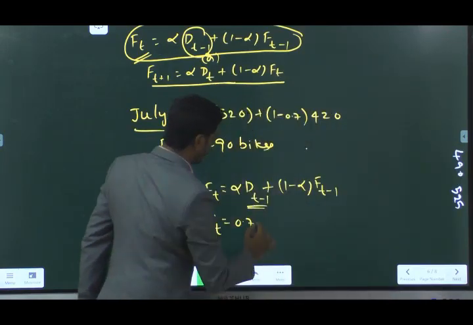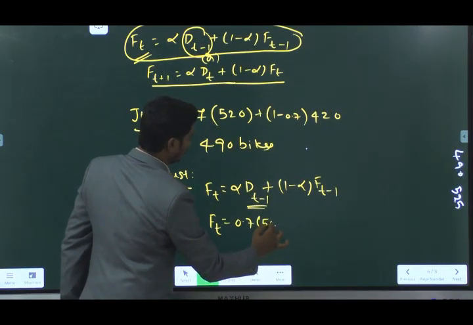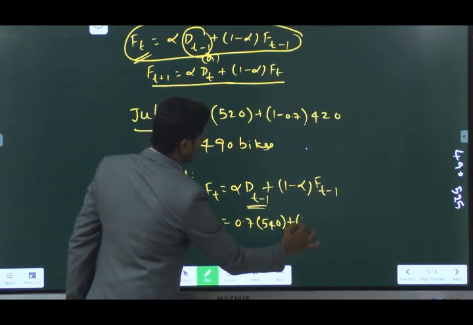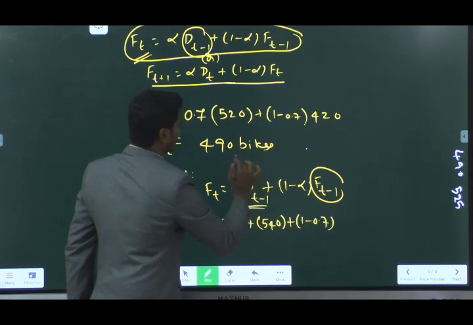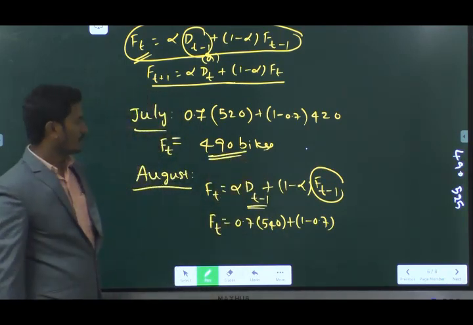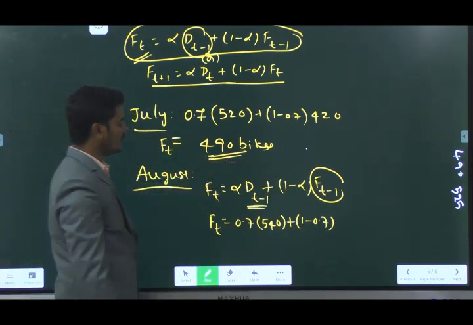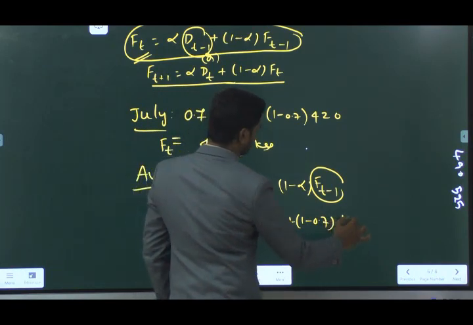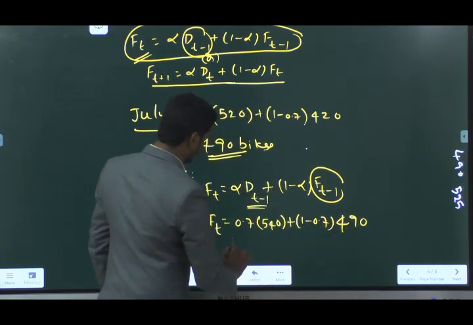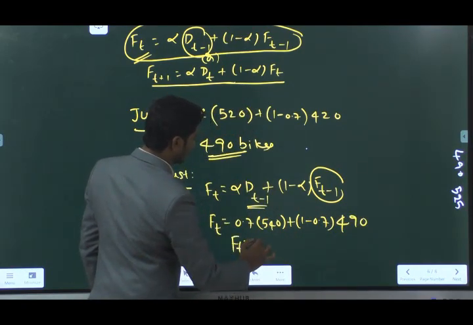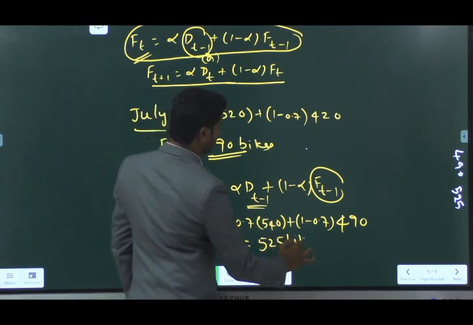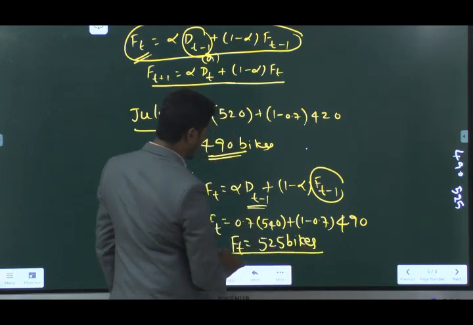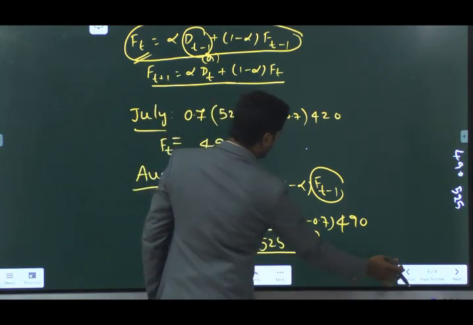So 0.7 into 540 plus 1 minus 0.7 into Ft minus 1, the previous month's value, 490. From this we get the August month demand as 525 bikes.